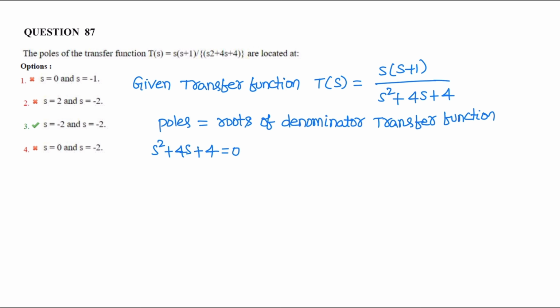Solve this. S plus 2 whole square is 0. S is minus 2 comma minus 2. So the roots are minus 2 comma minus 2. Repeated pole at minus 2.